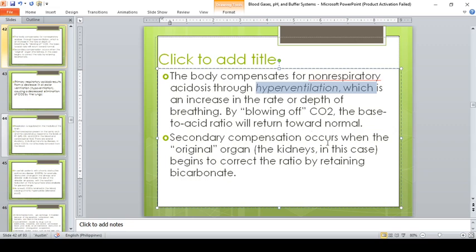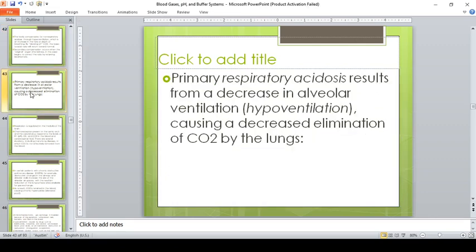Okay, secondary compensation occurs when the original organ, just like in this case, the kidneys, begin to correct the ratio by retaining bicarbonate. Okay, so if it can still do its function. Okay, so primary na compensatory mechanism niya yung lungs. Okay, secondary si kidney.